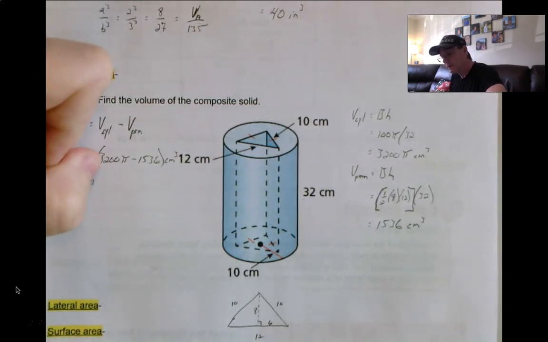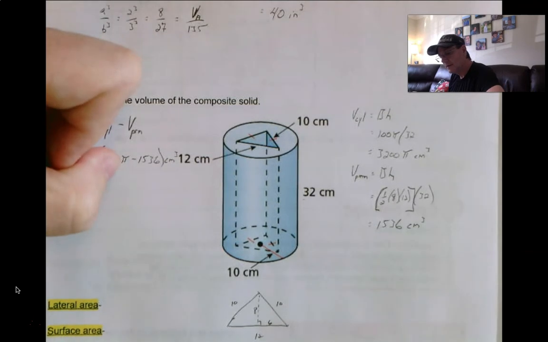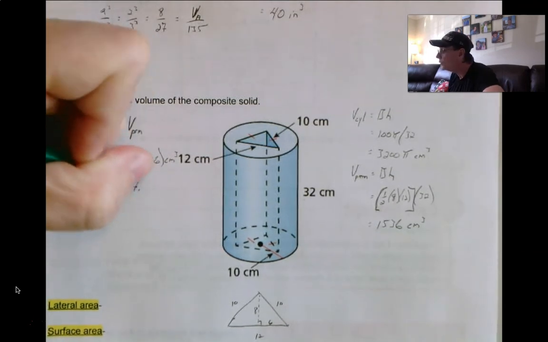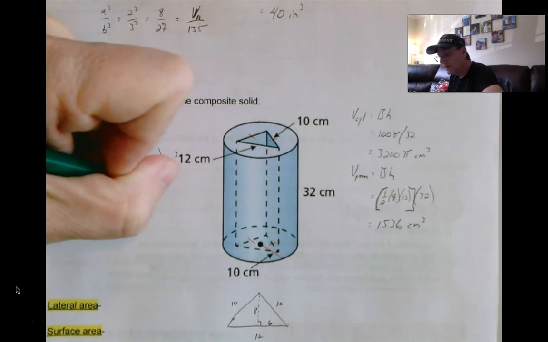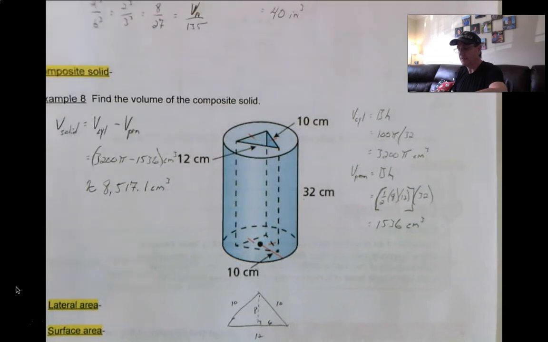If it says round, then we'll go into the pi key. So 3,200 times pi key minus 1536 gives us 8,517.1 centimeters cubed. That's example 8.